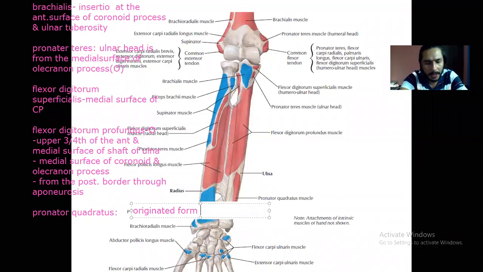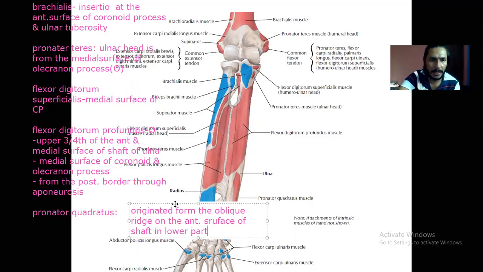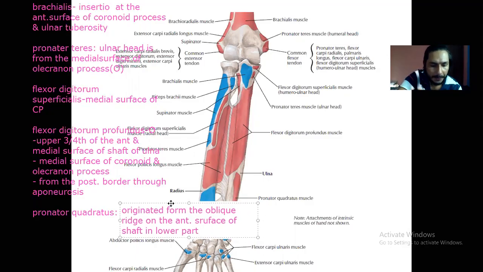There is the oblique ridge in the lower part of the anterior surface, so it takes the origin from the anterior surface of the lower part.